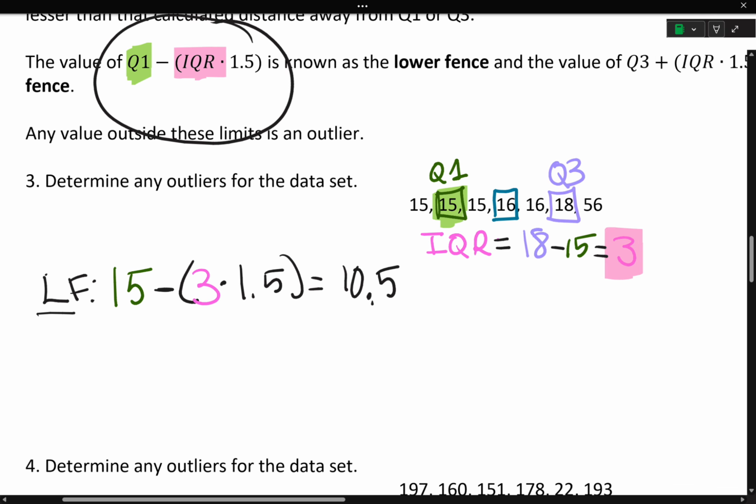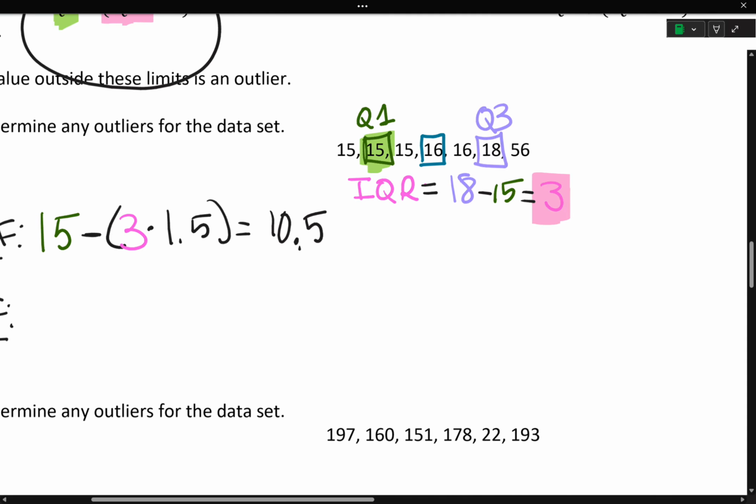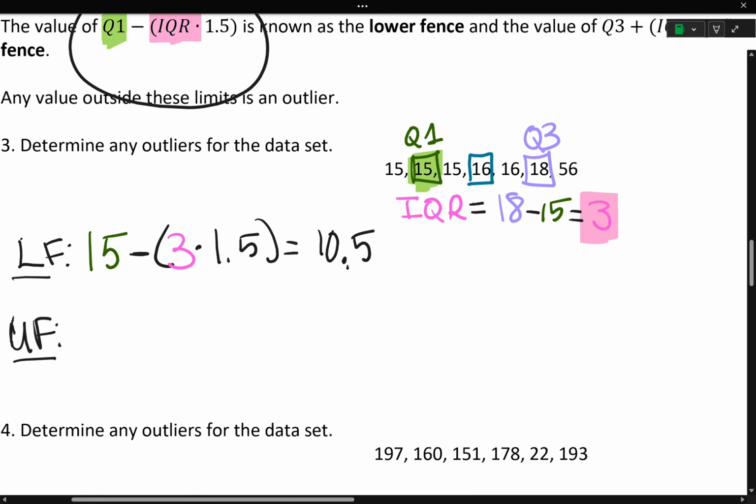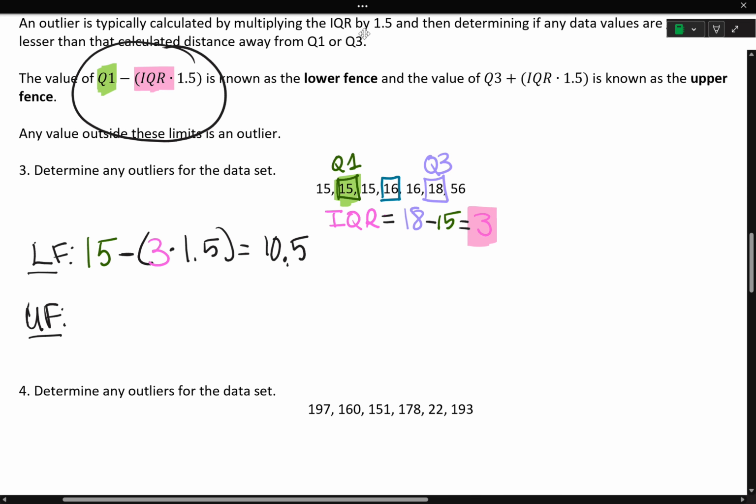Let's see if there's any outliers on the upper end, so the upper fence. The formula for the upper fence is Q3 plus IQR times 1.5.